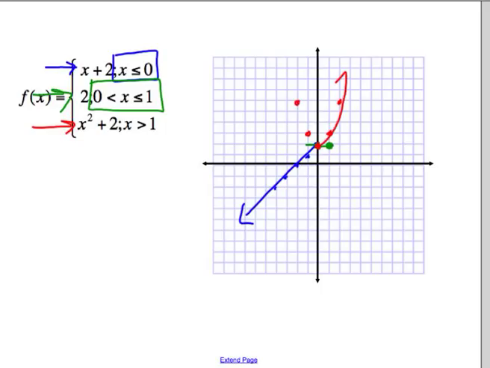And that's what that parabola looks like, but I only want it for numbers bigger than 1, which means I'm going to erase most of it except for bigger than 1, which would put us right there. And notice the open circle, and the open circle is because it's not including 1. Now you can see right here at x equals 1 is where we have that discontinuity.